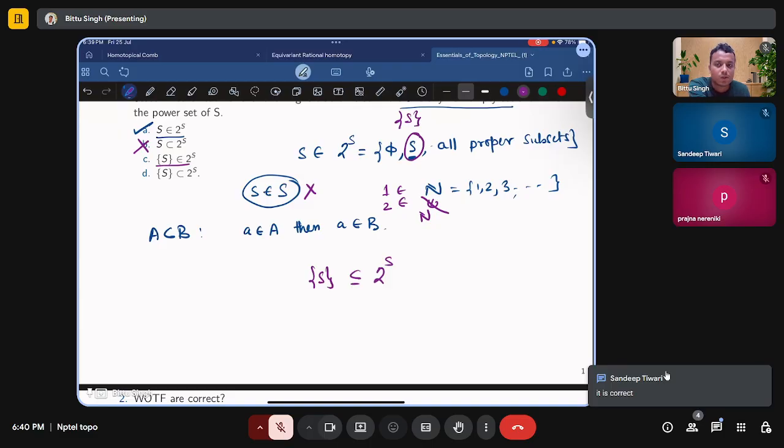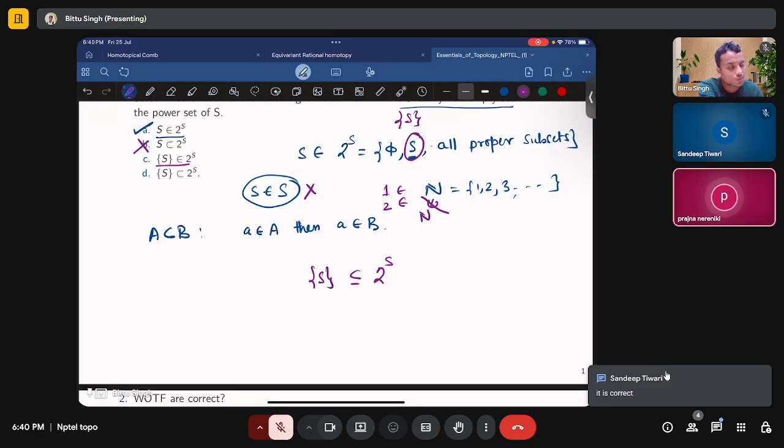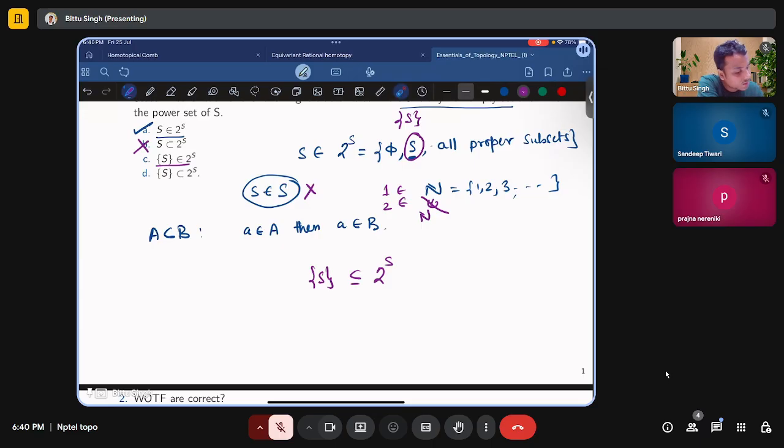Okay. So Sir, can you please explain this again? Okay. So I am saying that though s is there, s belongs to 2 to the power s, as we have observed, but the set here, we are taking a subset of the power set.